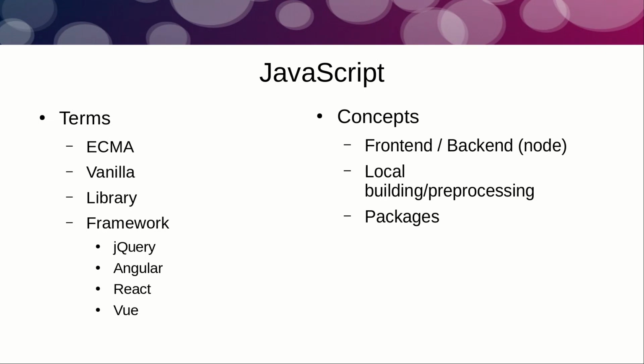The first thing that you're going to see is ECMA, and that has a lot to do with standardization of JavaScript. Back in the days, a little bit of history here, the implementation of JavaScript in browsers was different, just like it was the case in CSS.